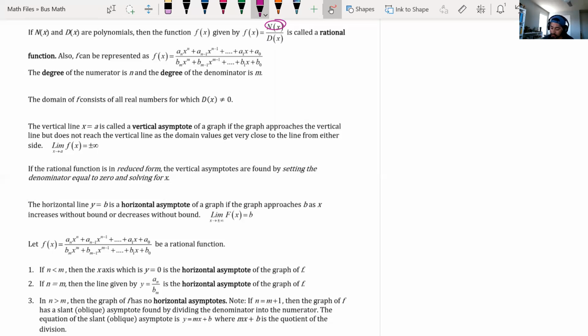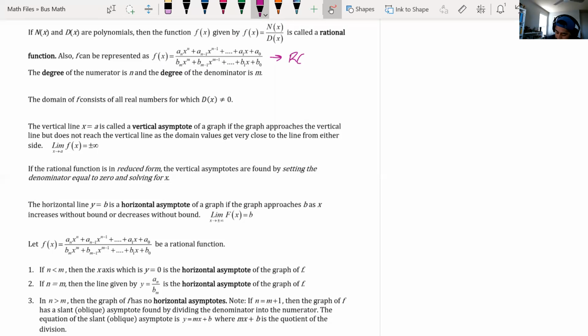And a rational function can also be represented in this standard form, where again, the numerator is a polynomial from highest power to lowest power, and the denominator is a polynomial from highest power to lowest power. Okay, and I guess I could give a good example of that.